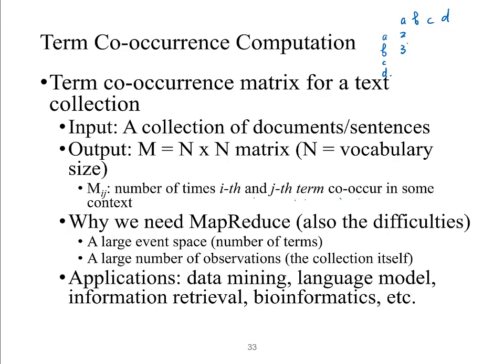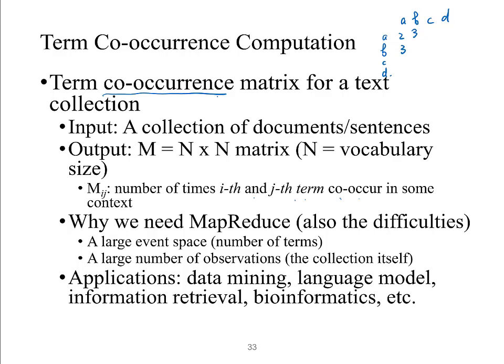This 2 means that A and A co-occur in some context 2 times. And this 3 means A and B co-occur in some context 3 times. And usually this matrix is symmetric, so here would also be 3, but it totally depends on your definition of co-occurrence, right?